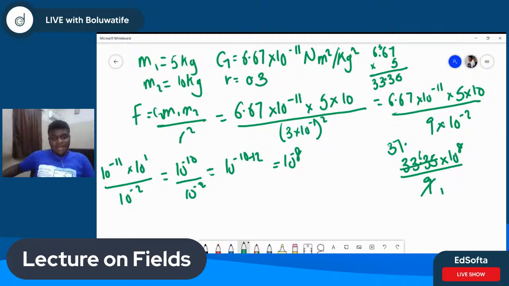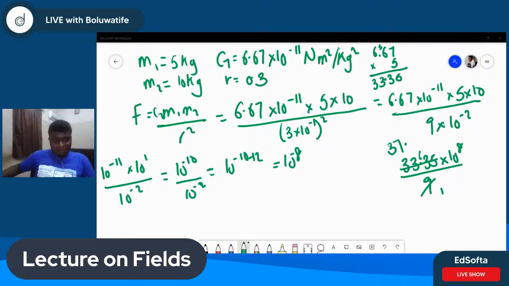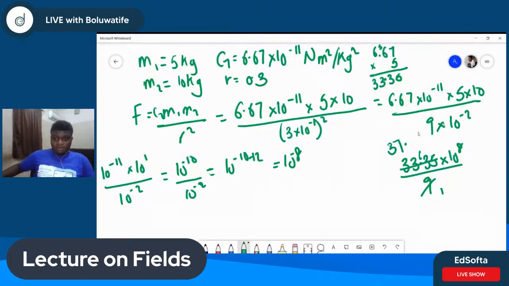So we'll roughly have 37 point something, so 37.05, times 10 raised to power 8. If I standardize that, what I have is 3.705 times 10 raised to power.